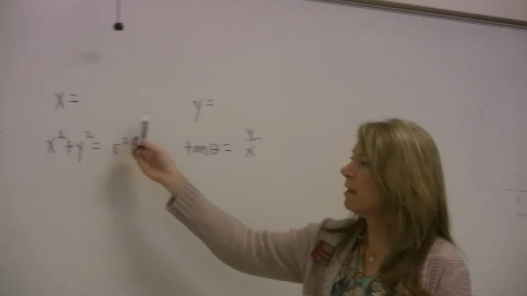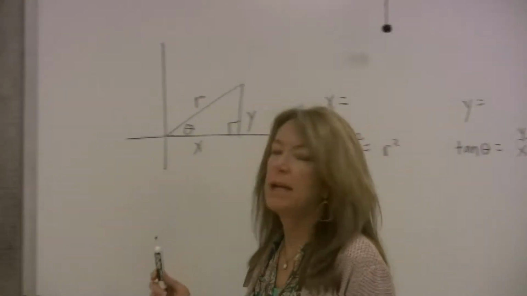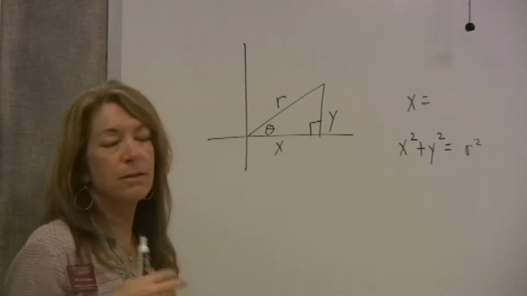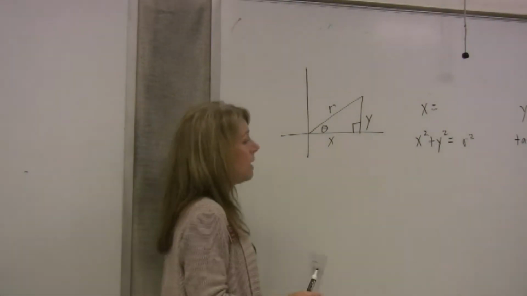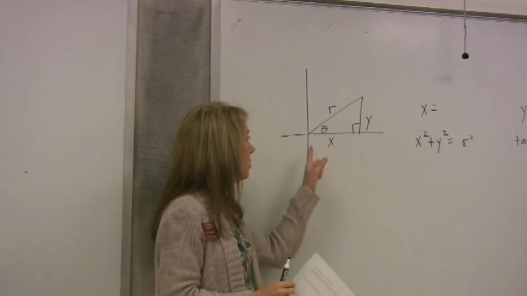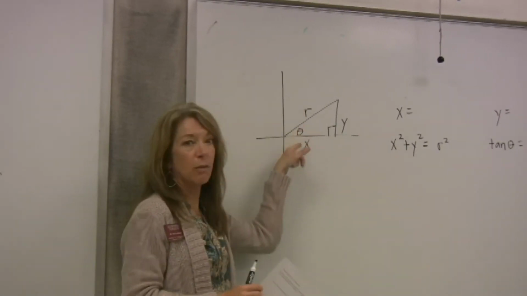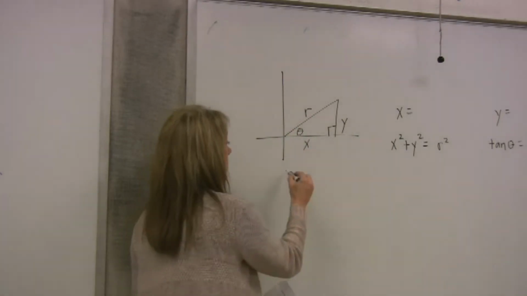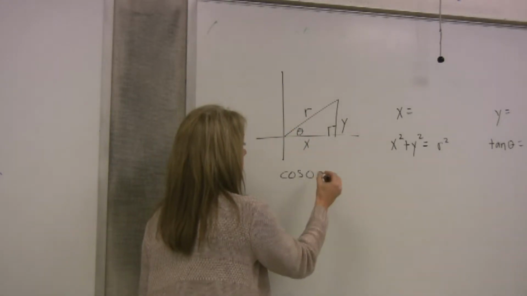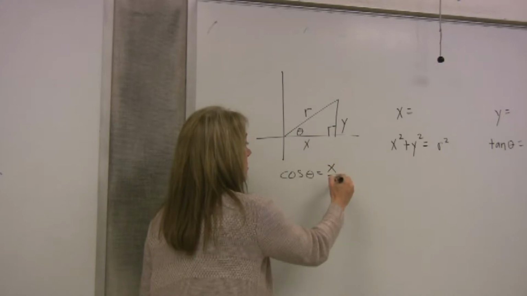Now this one, it's not clear where I'm going with it, but it has to do with how x is related to r and theta. So what can you tell me, using your trig knowledge, about theta and x and r? Which trig function relates x and r? Cosine, right? Cosine of theta is x over r.